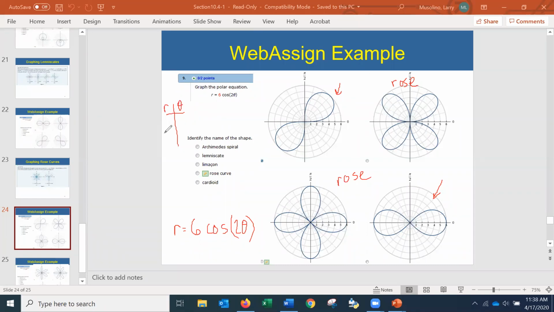I could pick arbitrary values for theta, plug them into this equation, and figure out the corresponding value of r. But of course, I don't want to do it that way. I want to come up with a more efficient way to do it. So let me go back to slides 8 and 9 as my starting point. All right, let me go back to slide 8.